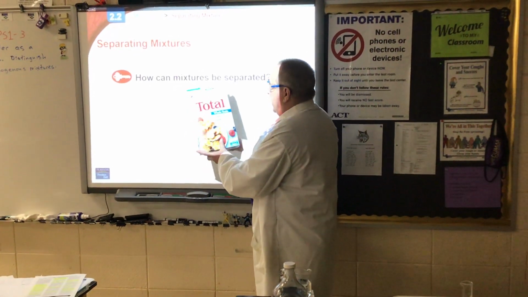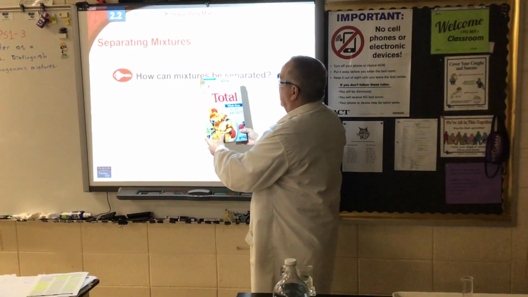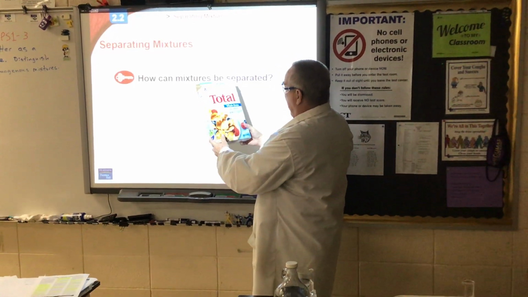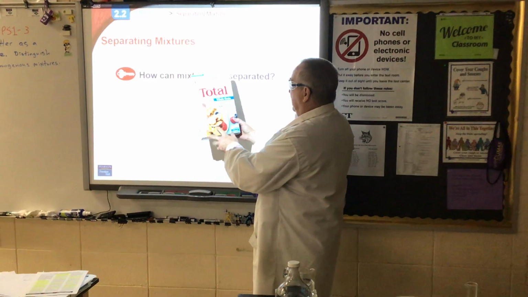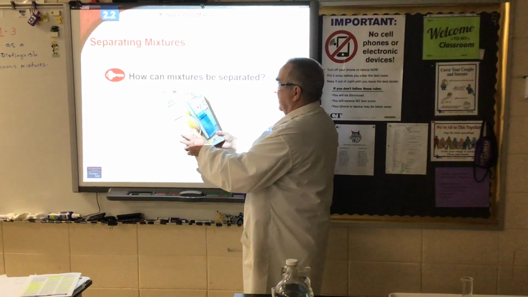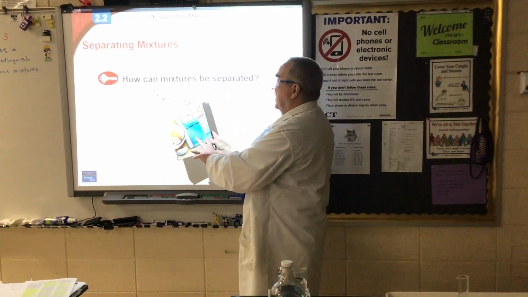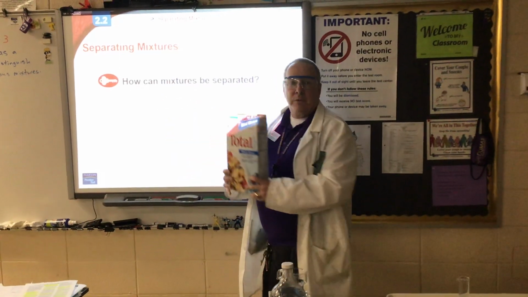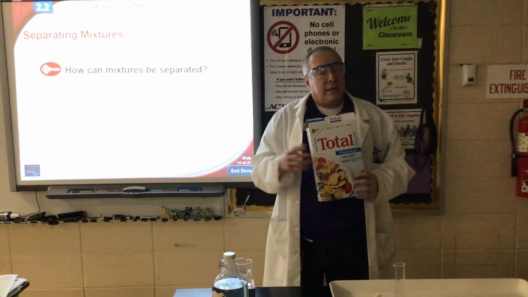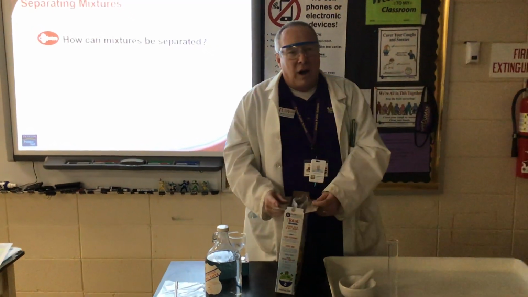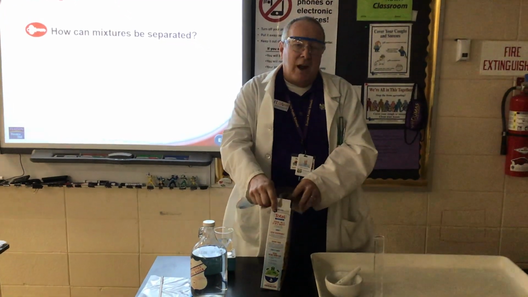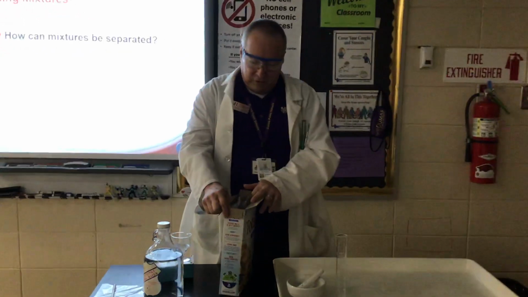One of the ingredients in Total is that it has 100% of a lot of vitamins and iron that are required in the human diet in just one serving. And the question is, iron? What is iron doing in there, and what form does it take?